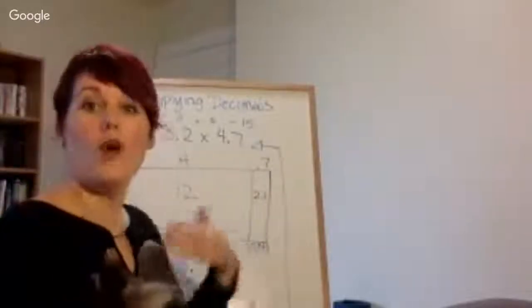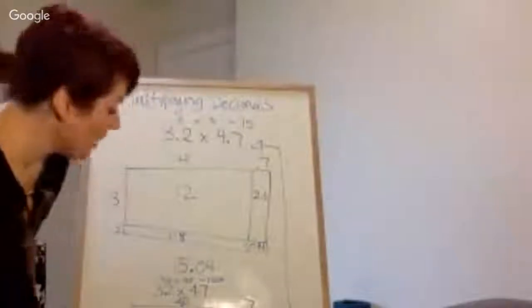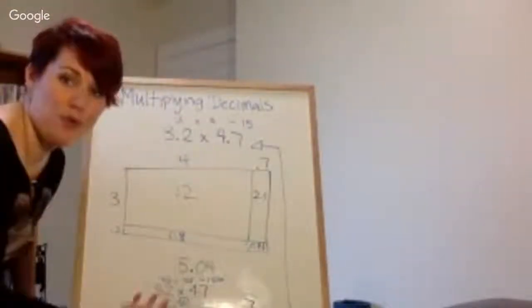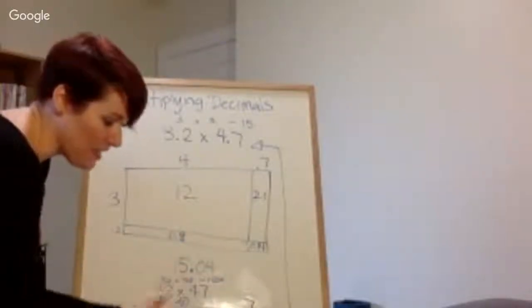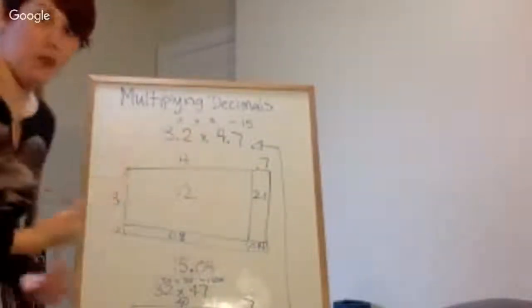They've had that work with the blocks, so that should be review. And then finally, we can link them to how are these things the same and how are they different, and how can we use a strategy that's easier for us with the whole numbers and our estimating skill to figure out where that decimal lives.